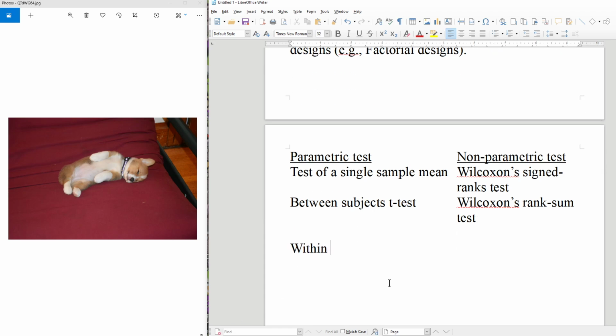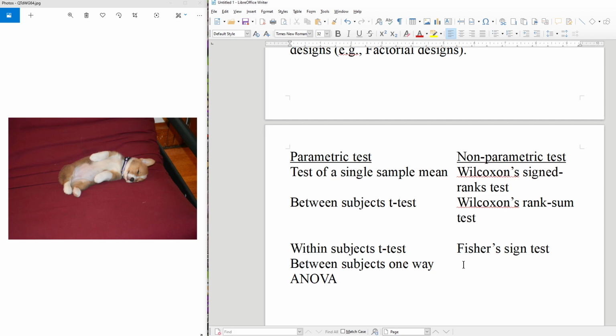For the within subjects t-test, the non-parametric equivalent is called Fisher's sign test. For the between subjects one-way ANOVA, the equivalent is called the Kruskal-Wallis H test.